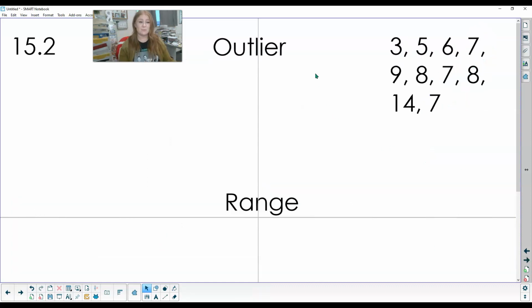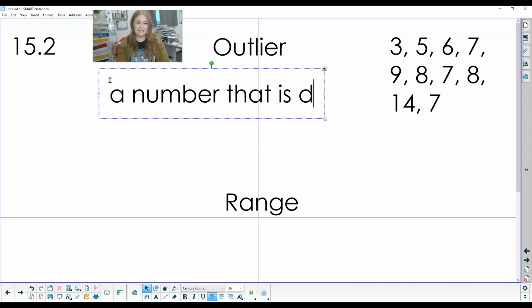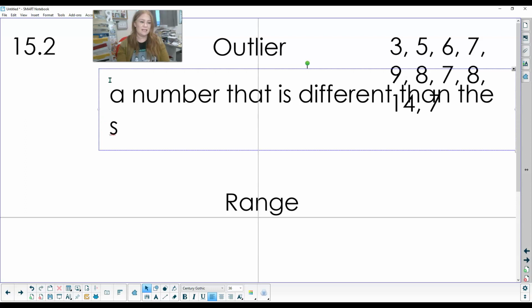Okay, our last two are outlier. So an outlier is a number that lies outside of your set of data. So it is a number that is different than the set of data.